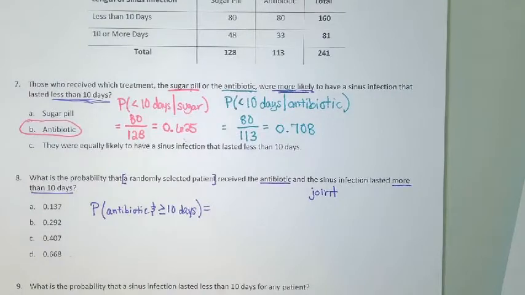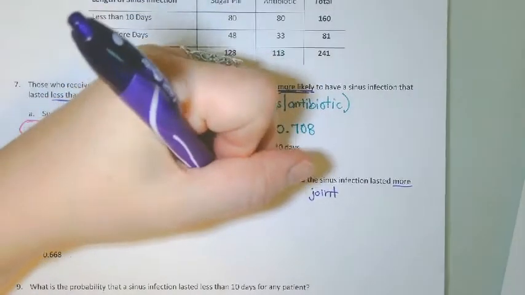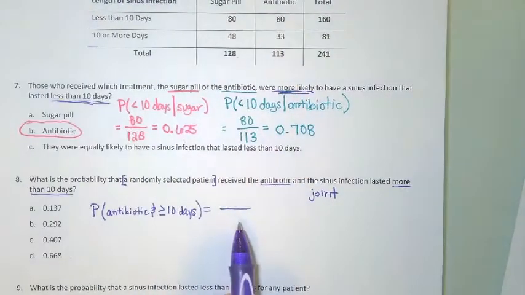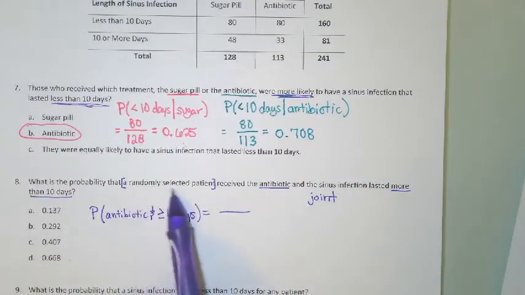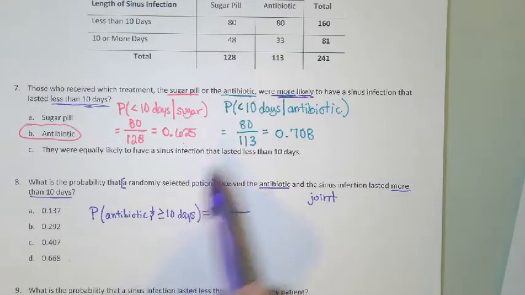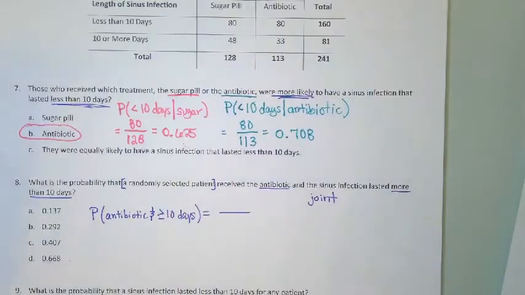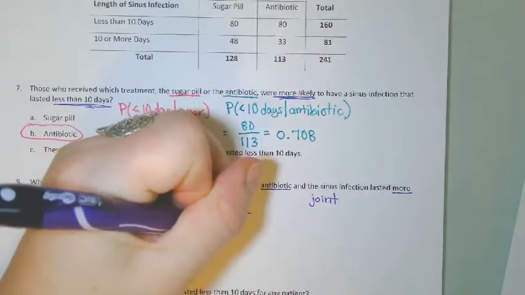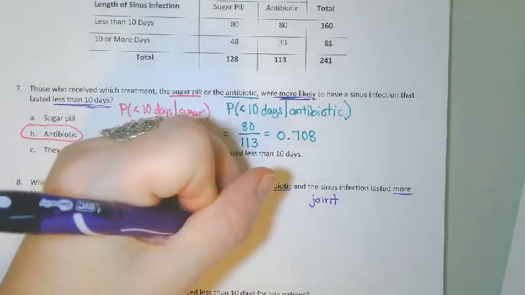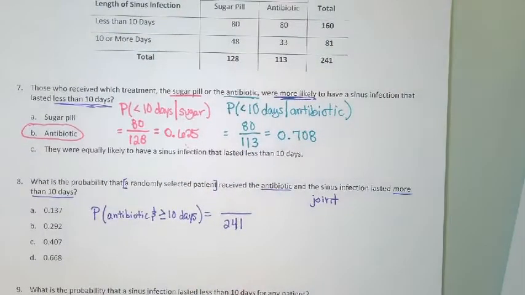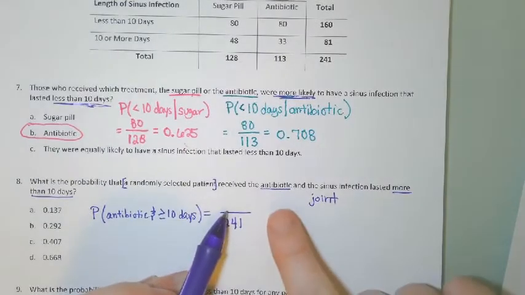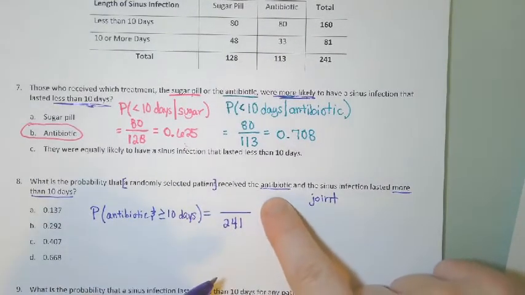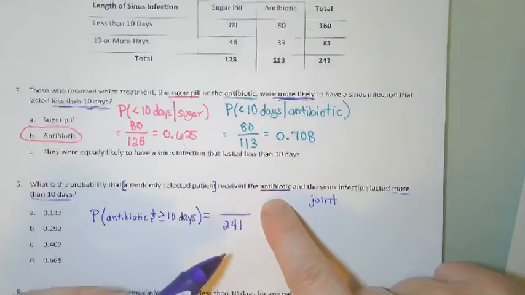Okay, so on the bottom, our total amount, and again, we already said we're looking at all patients, so there was a total of 241 patients. And now for the top, we're looking for those that received an antibiotic.